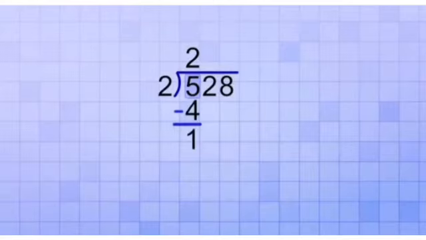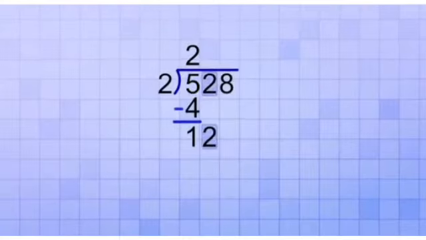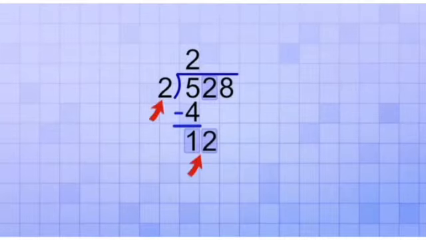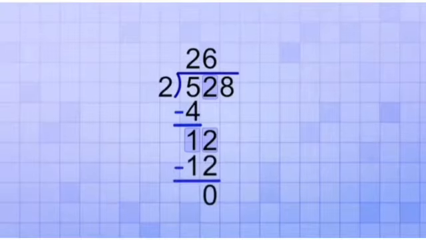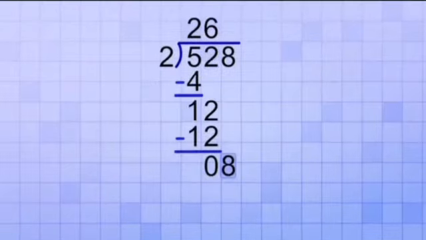Here you can see 1 is smaller than 2, so we bring down the next number 2 and it makes the number 12. Then we ask how many 2s does it take to make 12. So it's easy students, you know 2 6s are 12. Now 12 minus 12 you will get 0. Now the last number 8 you bring down.